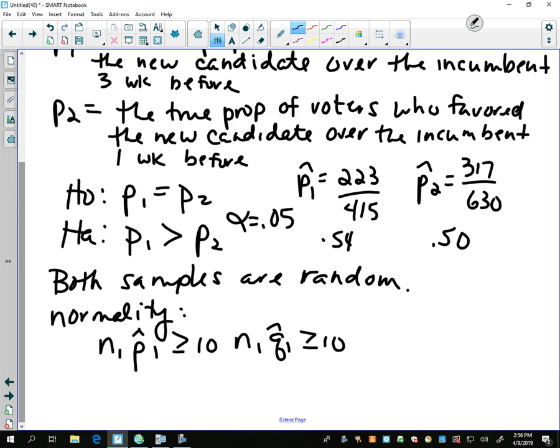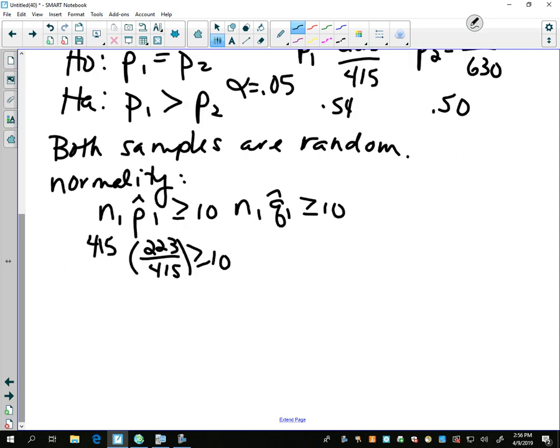So let's check that one first. 415 times 223 over 415 is greater than or equal to 10. So that definitely checks out.